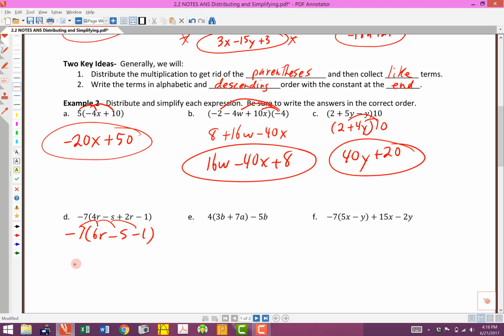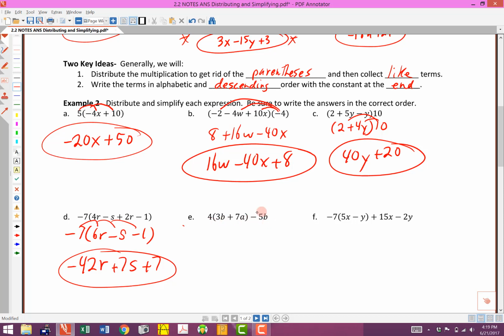So negative 7 times 6r, negative 42r, negative 7 times negative s, so that's going to be positive 7s. And then negative 7 times negative 1 is positive 7. Written in the right order, we'll just go ahead and circle that one.